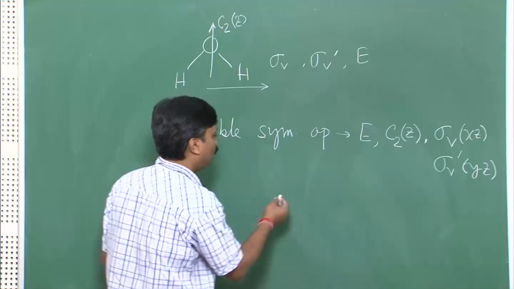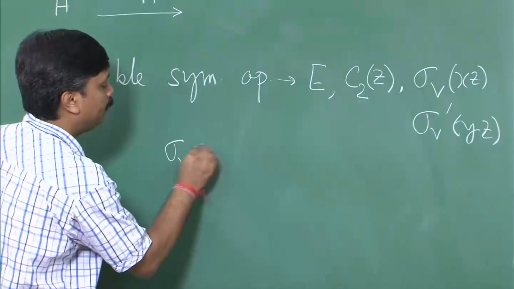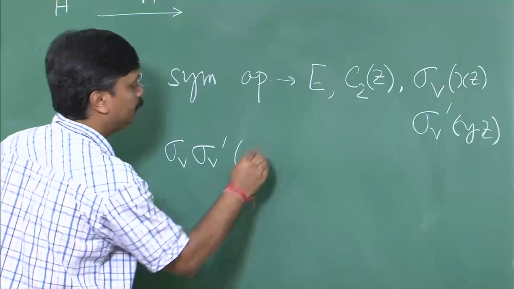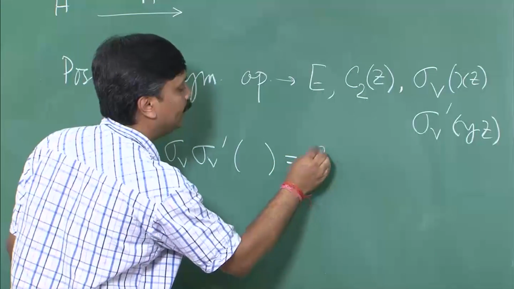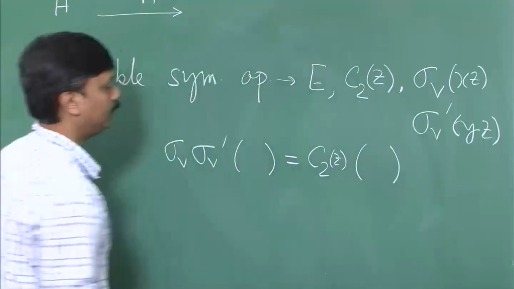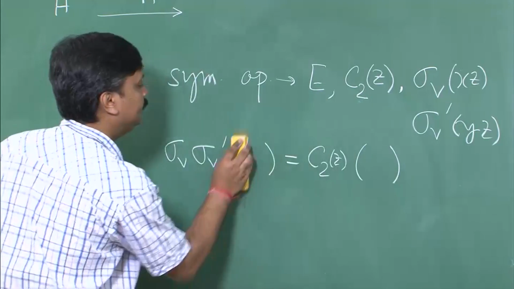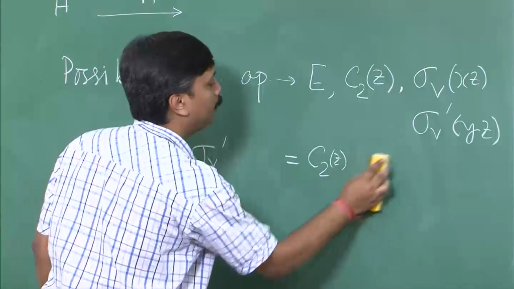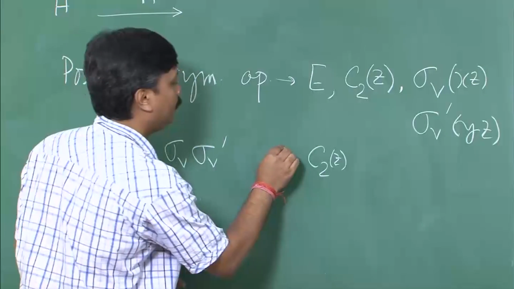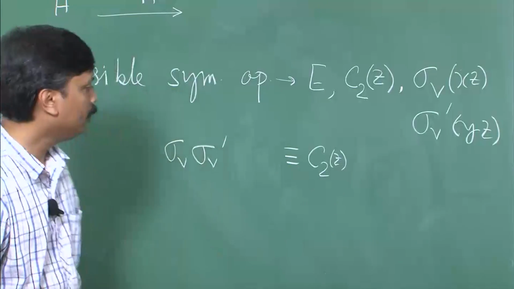So, I can write that sigma v sigma v prime is equivalent to C2Z.